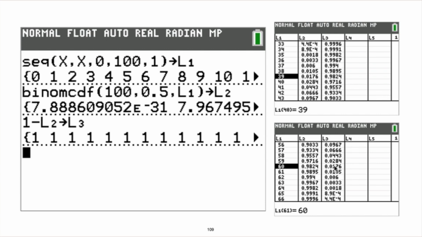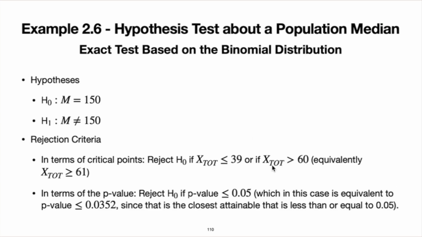And that corresponds to, remember that list 3 contains 1 minus the values in list 2, so 1 minus the CDF. So that 0.0176 represents the probability that X tot is strictly greater than 60. All right, and so that is where I get this statement here. So we could state the combined criteria either in this way, or for the upper endpoint we could say if X tot is greater than or equal to 61.